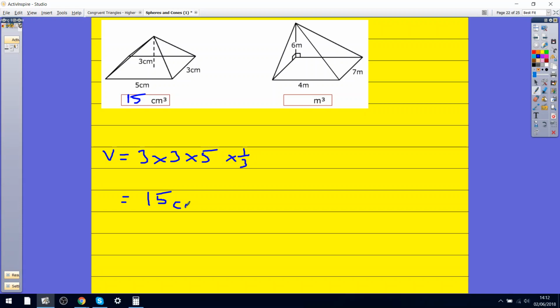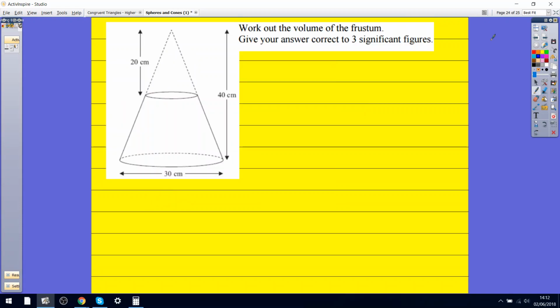Okay. Let me just check. Okay, yeah, let's try this one. So the frustum is like the base of a cone. Any idea how you could do this?